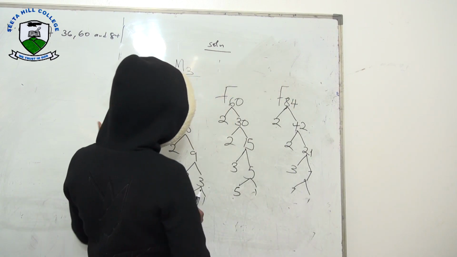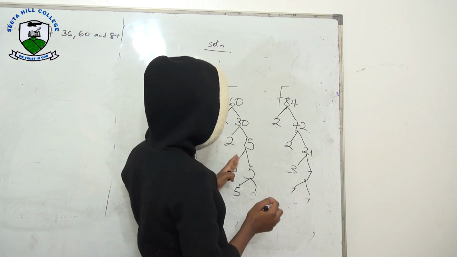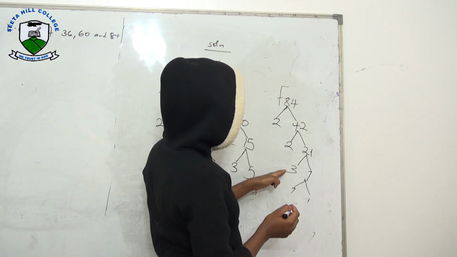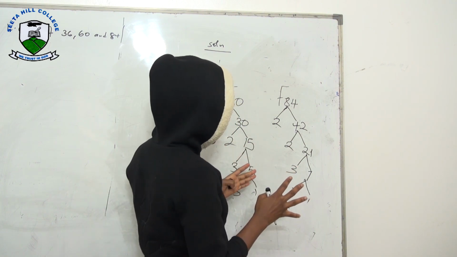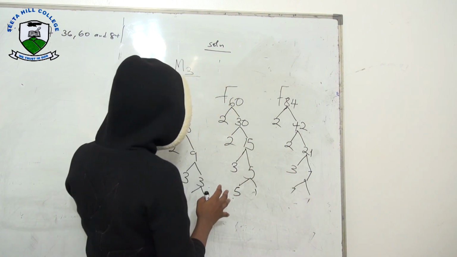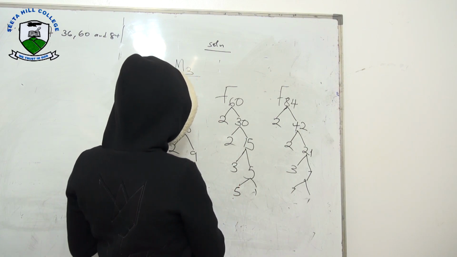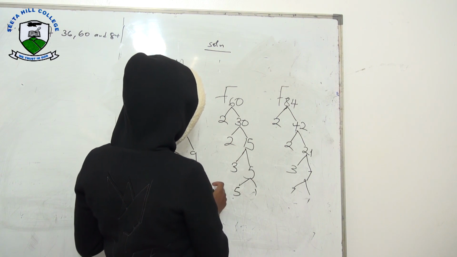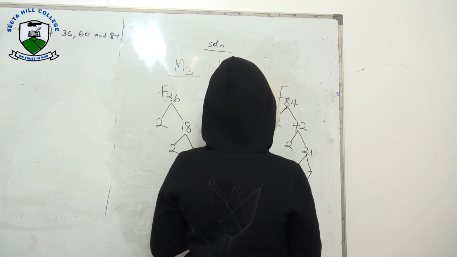Okay, now here we look for the position where these numbers, how can I explain it? You see these numbers, 2 times 2 will give you 4, and here it will end with 3. If you look at this second last step, all of them are ending with 3.